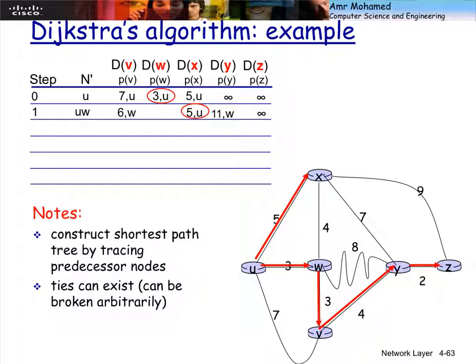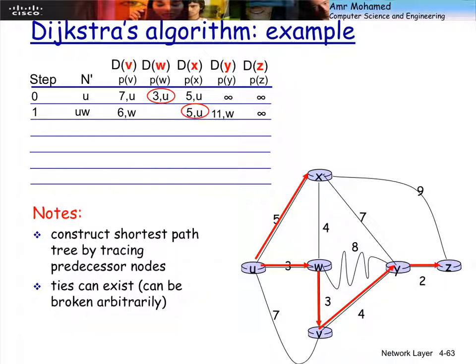So for example, V, the cost of V now is 6, not 7, because we can reach it from U or we can reach it from W. And then in that case, we take the minimum. Okay? X, well, we can say the cost of X is either the cost of UX or it's 3 plus 4. Right? And in that case, of course, 5 is better.